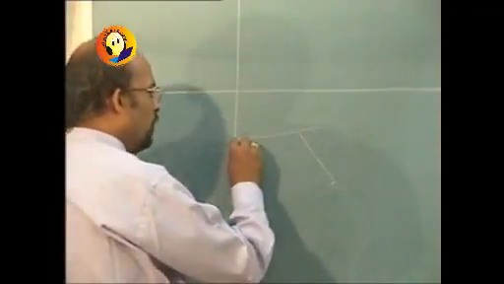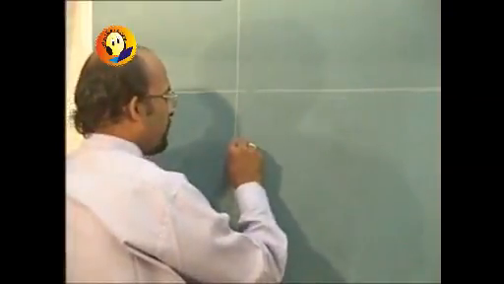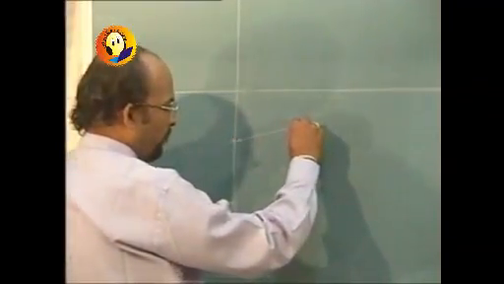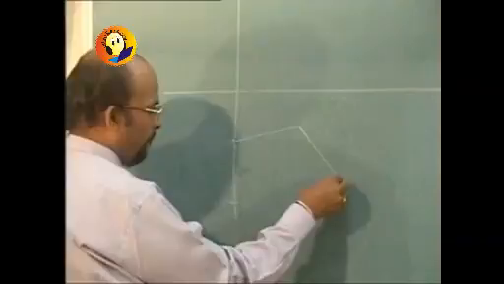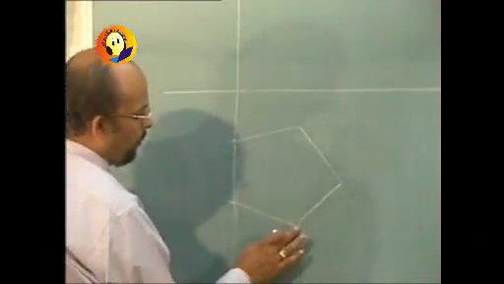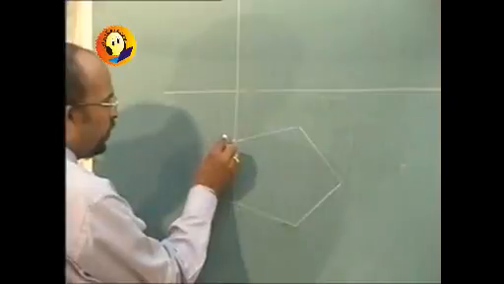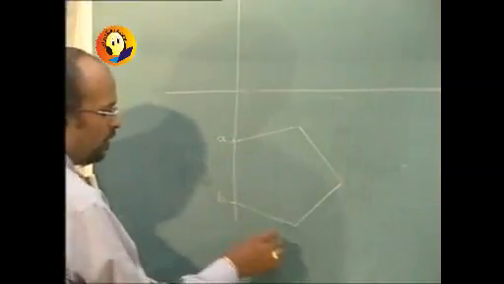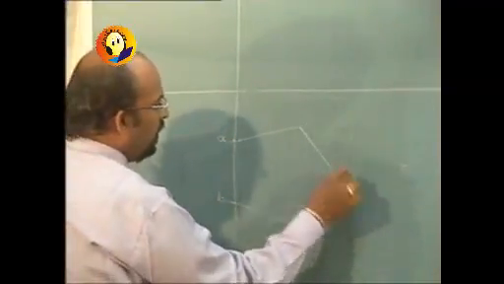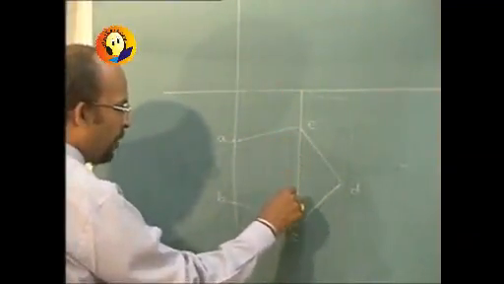So we can draw the pentagonal lamina in this manner, with side as 30 millimeters. These points should be named A, B, C, D and E, and then we should be drawing the projectors.